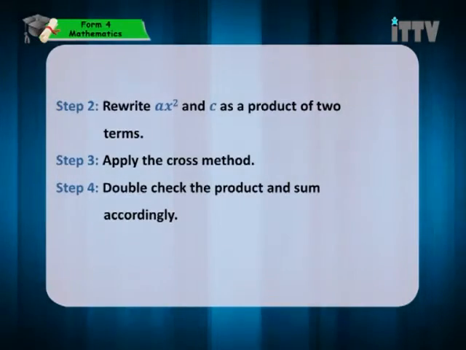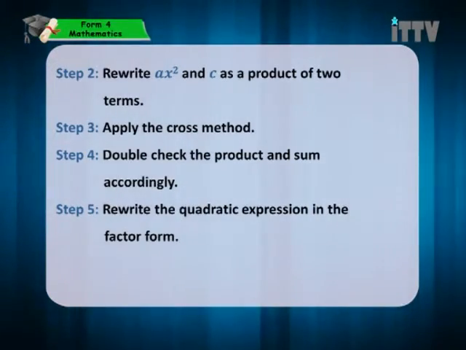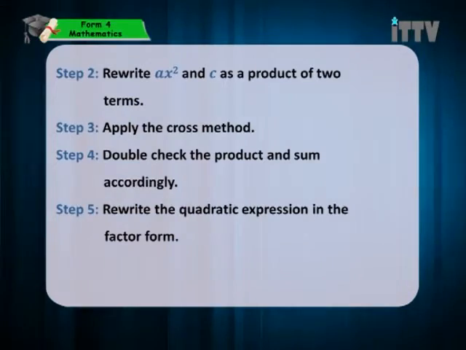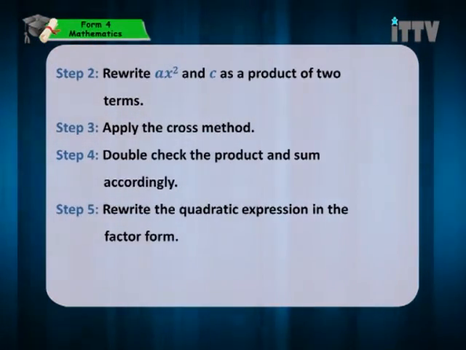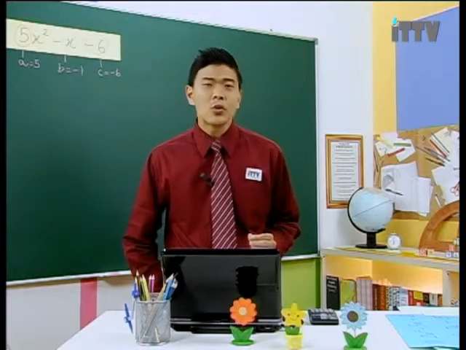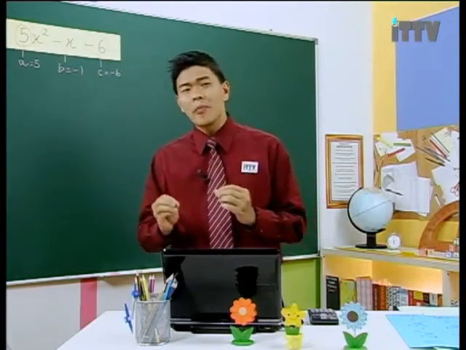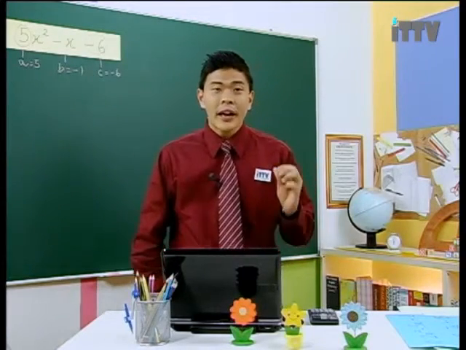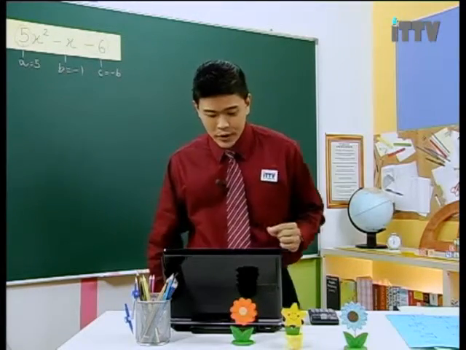In step 4, double check the product and sum accordingly. And the final step, step 5, rewrite the quadratic expression in the factor form. When you see a quadratic expression like this, it is very important to identify the 5 steps, for they will help you to form the two linear expressions for every quadratic expression. We're going to factorize the quadratic expression that I've just put up on the board.